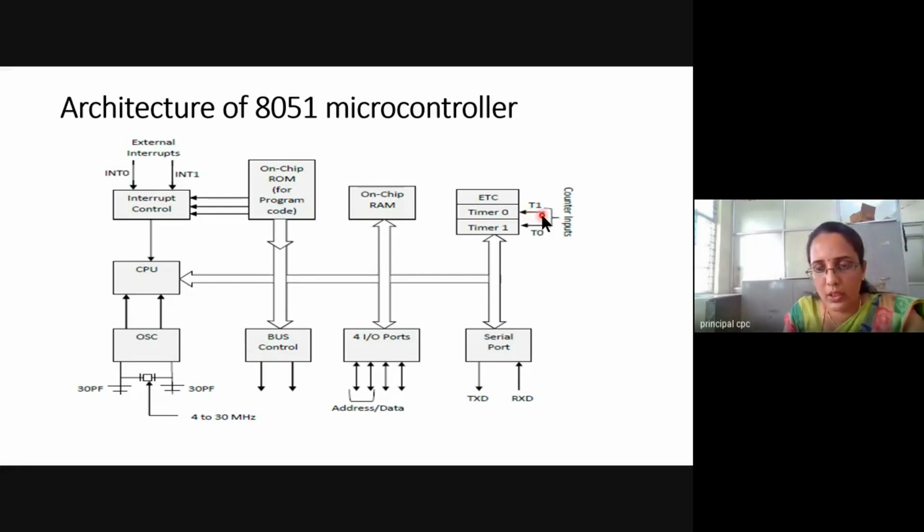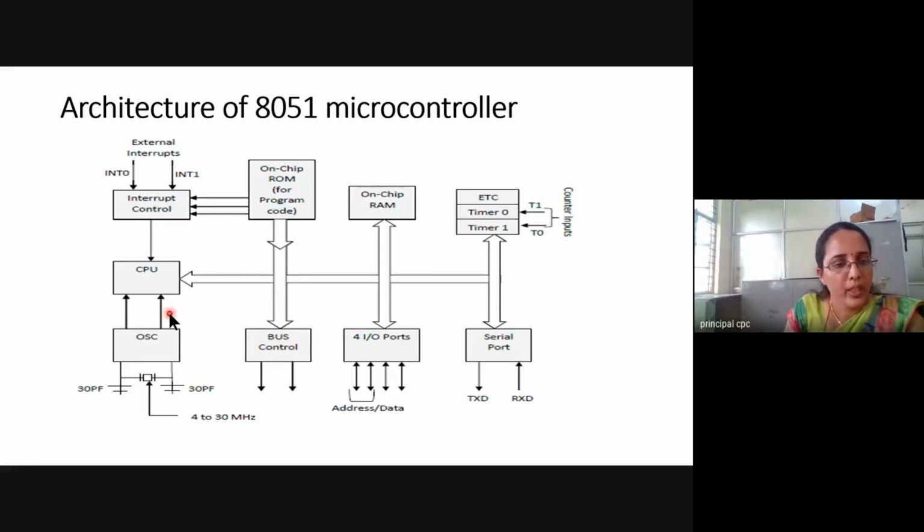T0 and T1 are the two inputs to the timers, and a serial port is there, with RxD and TxD as receiving and transmitting signals, 4 IO ports, bus control and the on-chip oscillator. All of these are connected with the use of buses.